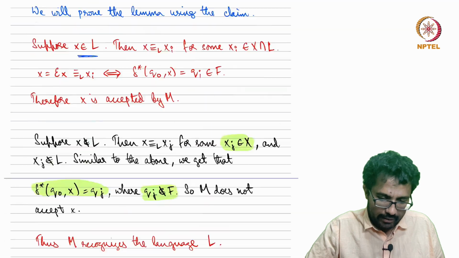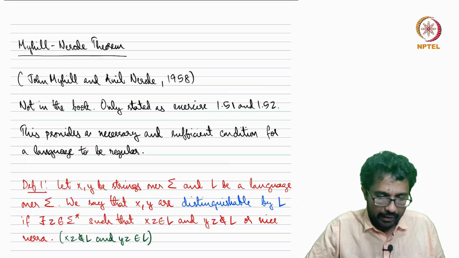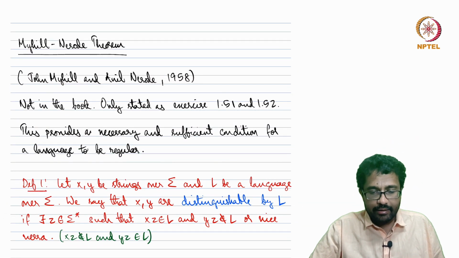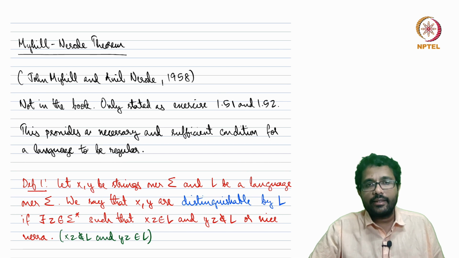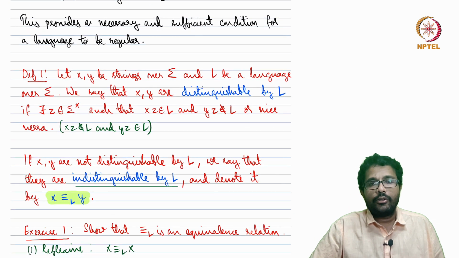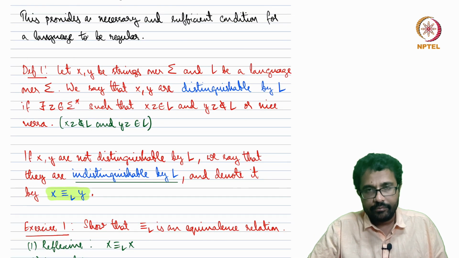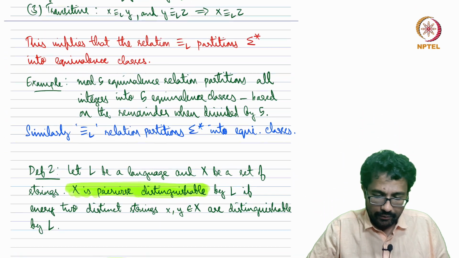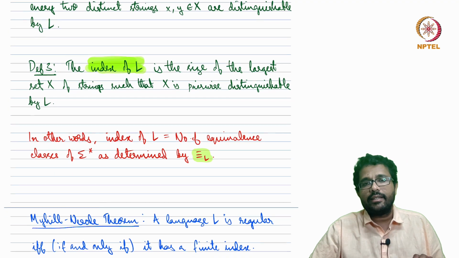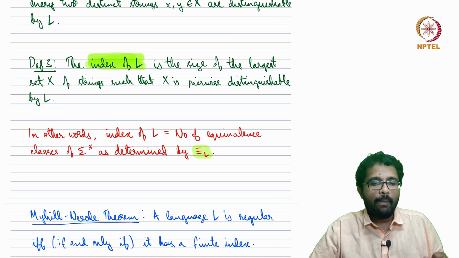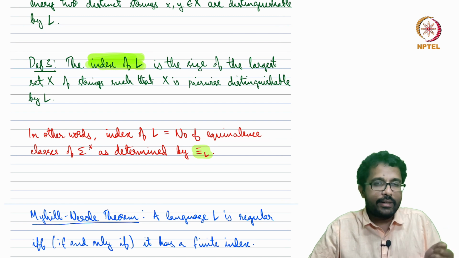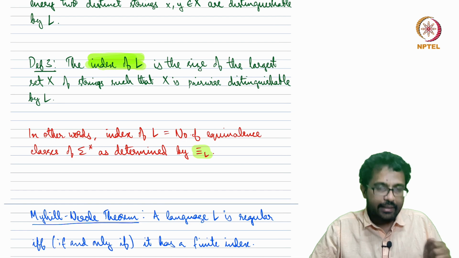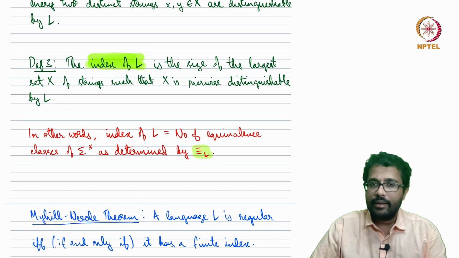Anyway, this concludes the part on the Myhill-Nerode theorem, which is a necessary and sufficient condition to show that a language is regular. We defined this equivalence relation, and the condition is that A is regular if and only if the equivalence relation defined by A results in a finite number of equivalence classes.